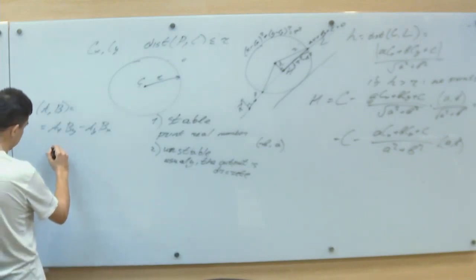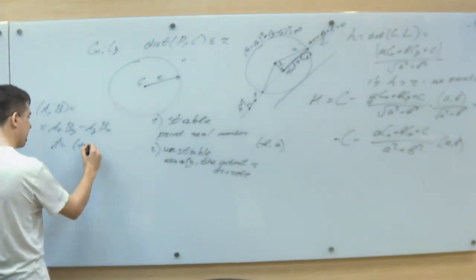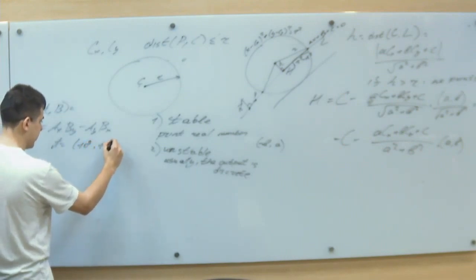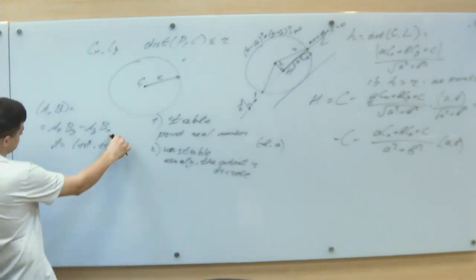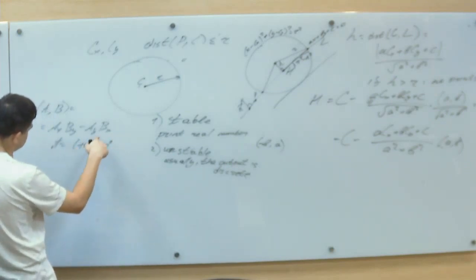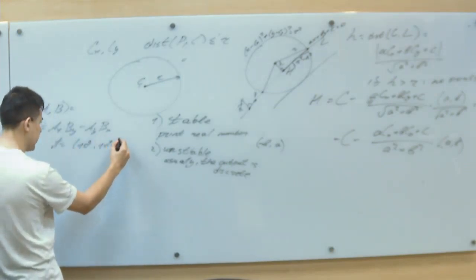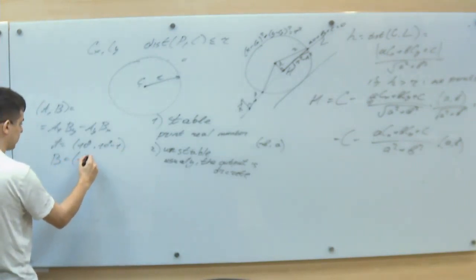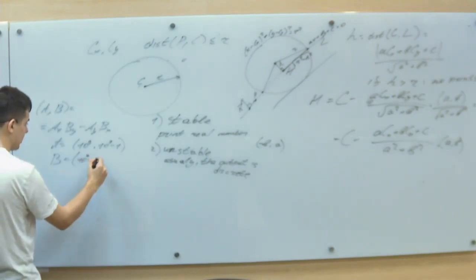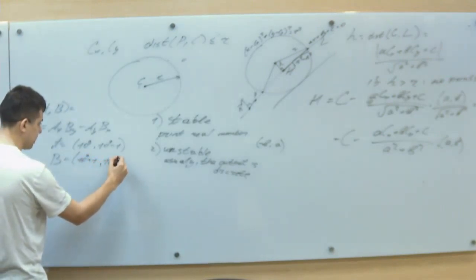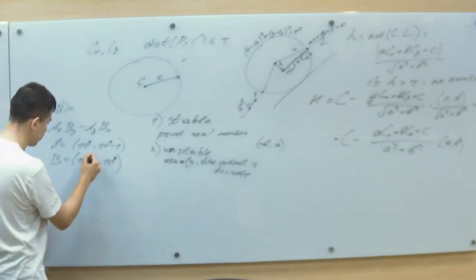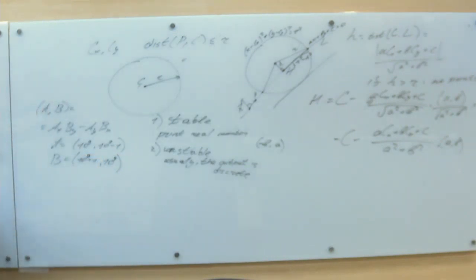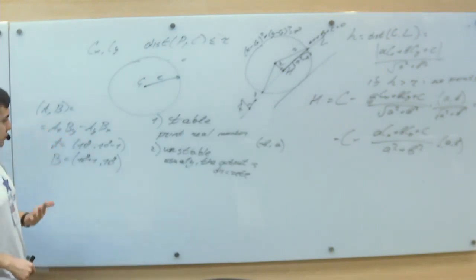So A is (1 billion, 1 billion minus 1), and B is (1 billion plus 1, 1 billion). Let's calculate what the vector product is.